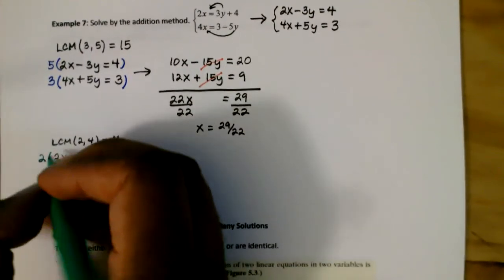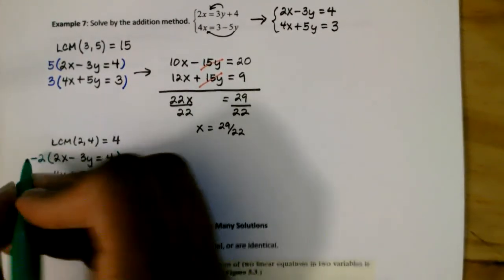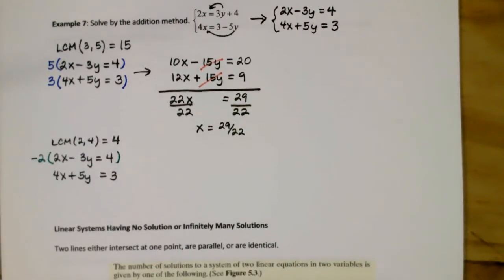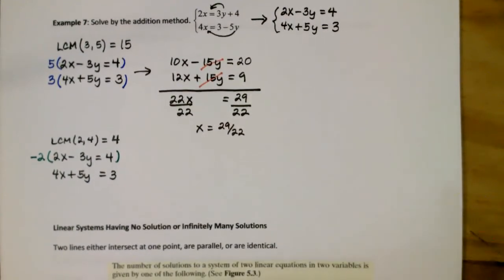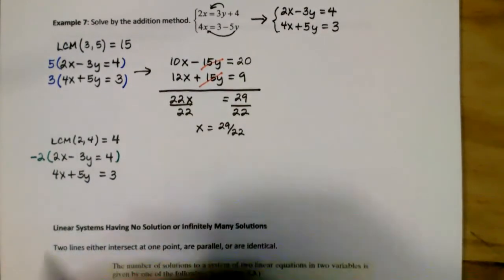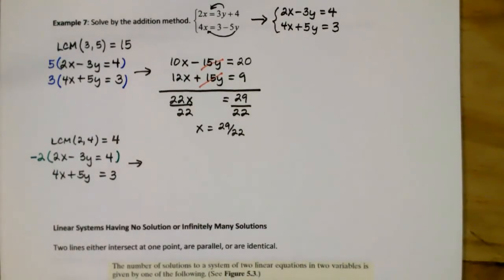However, if I want that 4x to be eliminated, this will be a plus, so the other one has to be negative. I have to have one of them negative and the other positive in order to eliminate. So let's multiply that top equation by -2 instead of a +2.